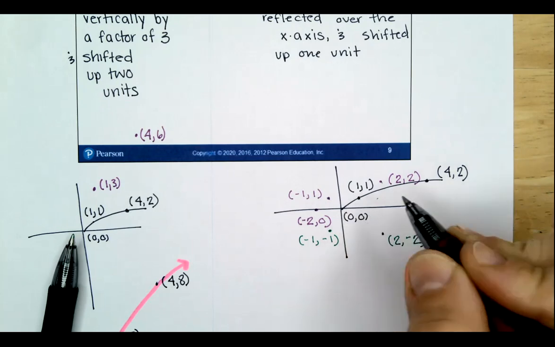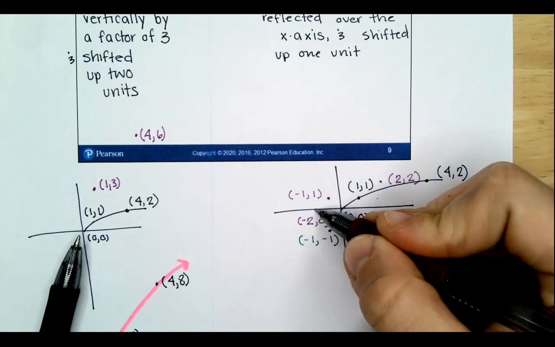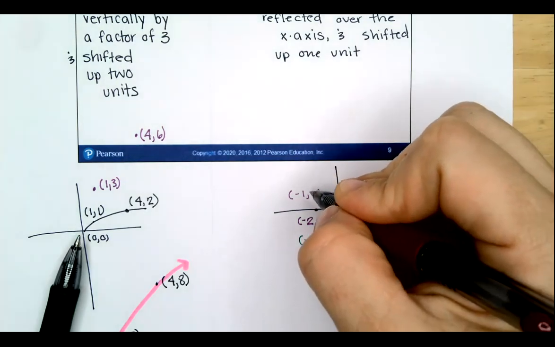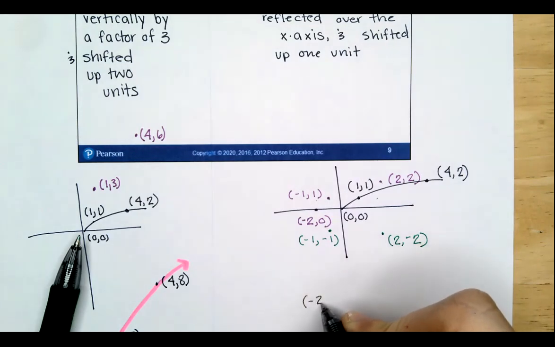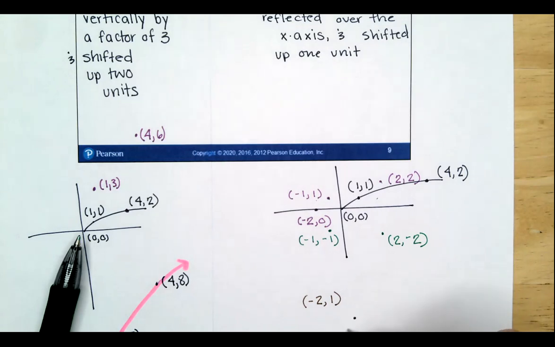So negative 2, 0 comes up 1 and becomes negative 2, 1. Negative 1, negative 1 becomes negative 1, 0. And then 2, negative 2 becomes 2, negative 1.